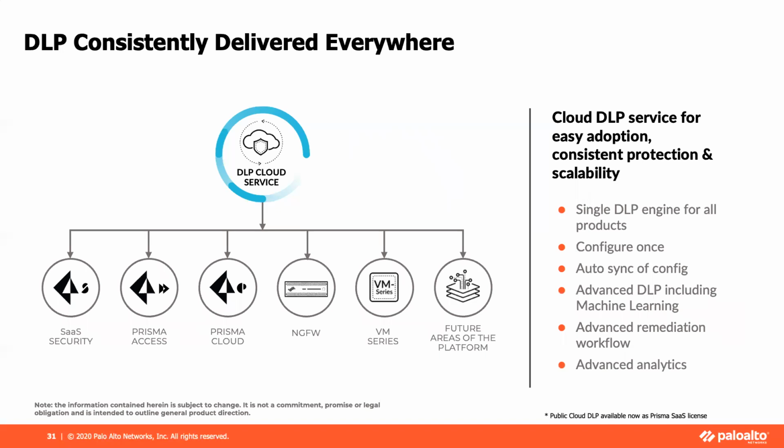And devices inside your enterprise, such as Prisma Access, and other devices like firewalls and SaaS Security solutions and Prisma Cloud, and in the future, other pieces, also our endpoint protections and things like this, can all signal and send information to one place, one repository, the cloud-based DLP engine.